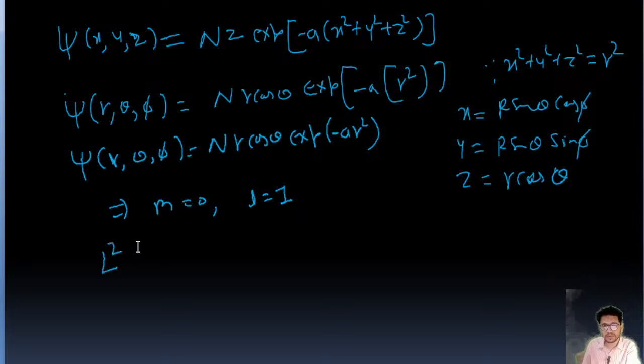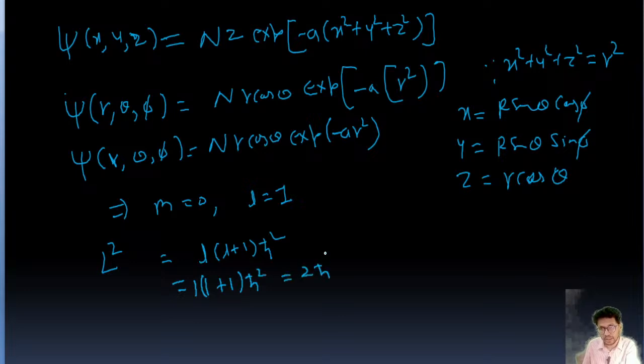The eigenvalue of L square is L into L plus 1 h cut square, and with L equal to 1, that is 1 into 1 plus 1, so 1 into 2 h cut square, that is going to be 2 h cut square.